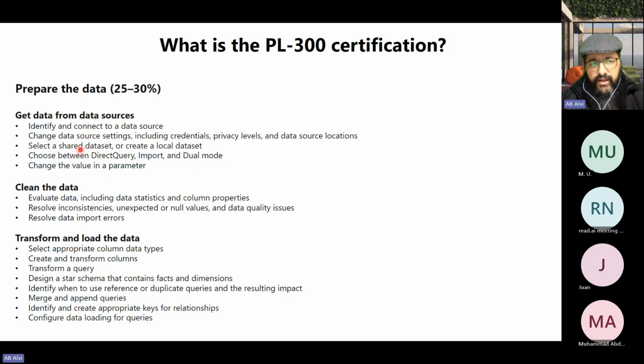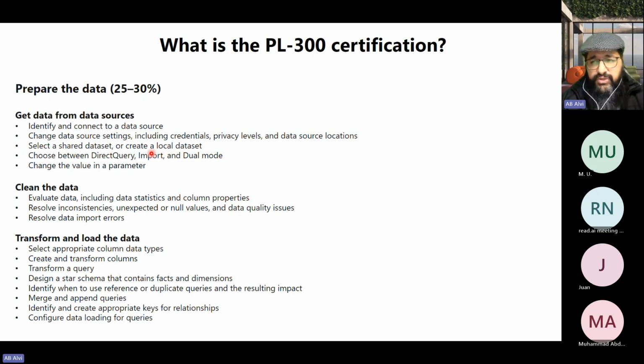They do this revision every 3 months, where they go and maybe add something or remove something, because the tool is continuously evolving. So there is one major change in the exam.